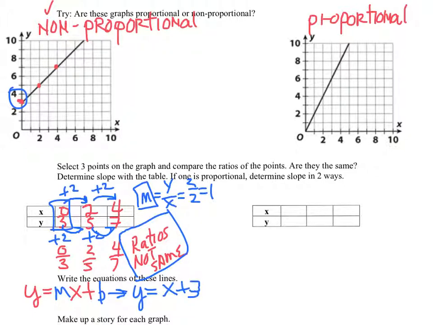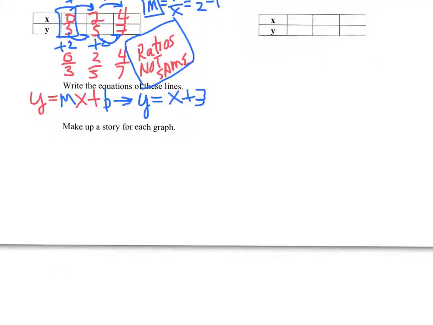So for my story, I'm going to call the y-axis dollars and the x-axis time in weeks. And my story begins with Billy, again, opening a bank account. He began the account with a $3 deposit.